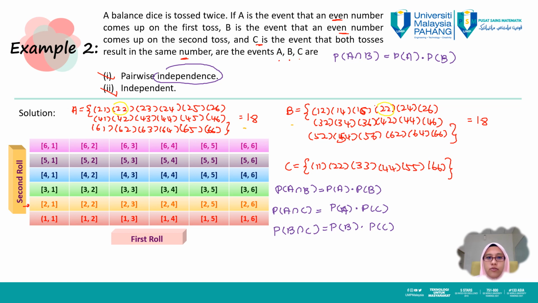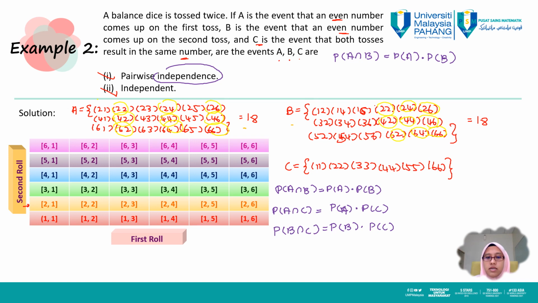And then we have (4,2), (4,4), and (4,6). And also we have (6,2), (6,4), (6,6). That means we have 1, 2, 3, 4, 5, 6, 7, 8, 9.